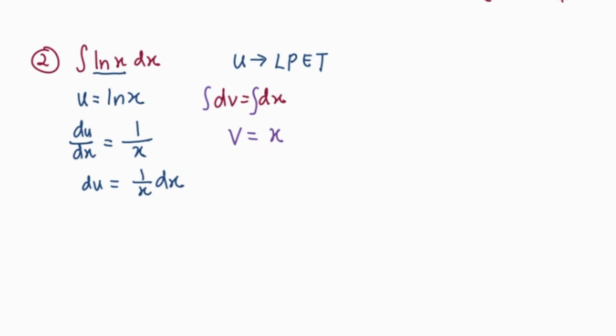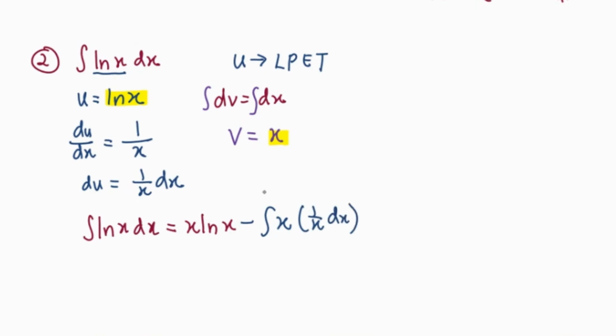In order to finish our integration by parts, we have to put back our question. This is our question. This is equal to uv. So I will put x ln x, because my u is ln x, my v is x, so I will put x in front of here to avoid confusion. Then continue, we will minus the integral of v, which is x, times du, which is 1 over x dx.